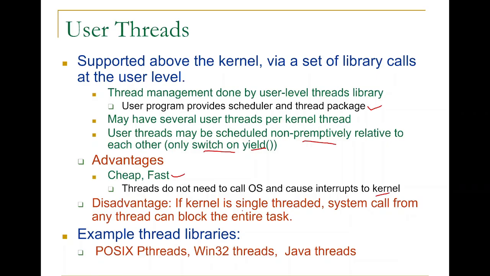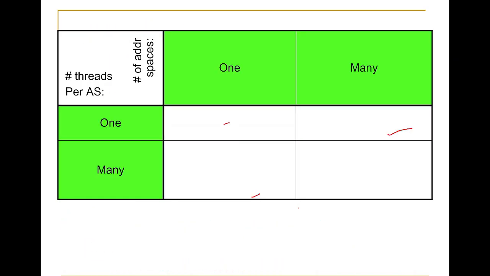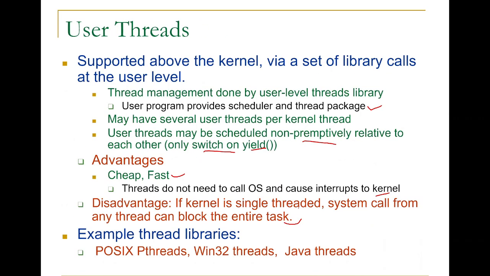The disadvantage is that if the kernel is single-threaded, a system call from any thread can block the entire process. So having only a single thread is a real problem. Examples of thread libraries are POSIX threads, Win32 threads, and Java threads.